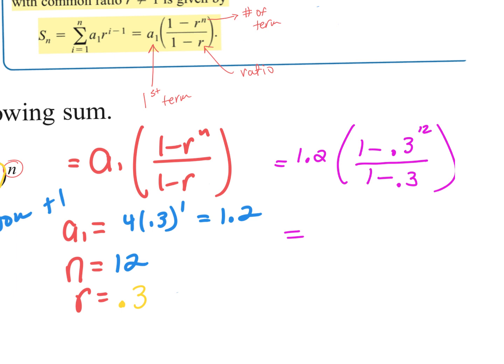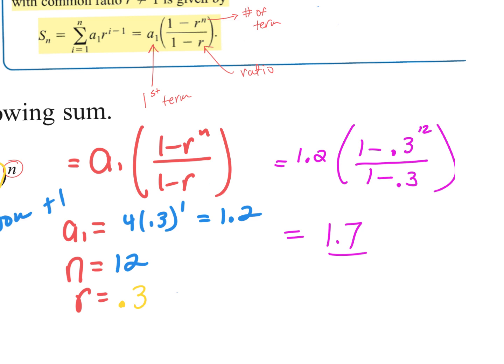And then don't clear it. Then hit divided by parenthesis 1 minus 0.3, close your parenthesis, enter, and then times 1.2. What do you guys get? Perfect. We'll say 1.7. Perfect.